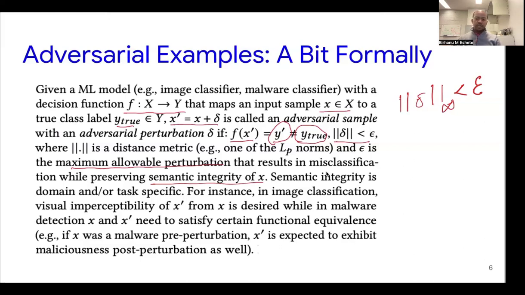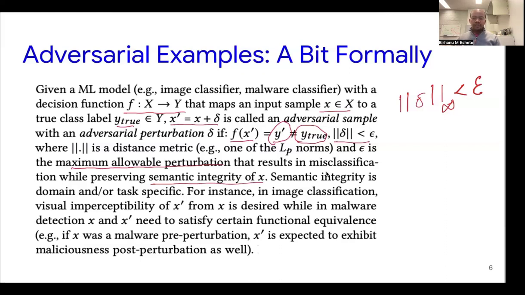If you take an example in the malware domain, the semantic integrity has a slightly more constrained meaning. If you take a malware sample and that sample is perturbed and then misclassified as benign, which is basically successfully fooling the model, then we want to make sure that the perturbed version of the malware sample maintains the malicious behavior of the malware.